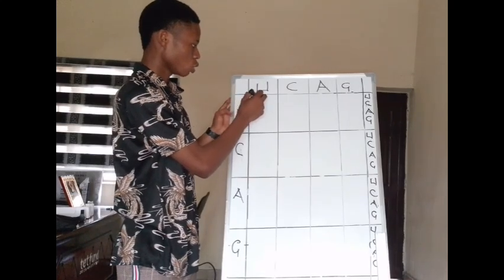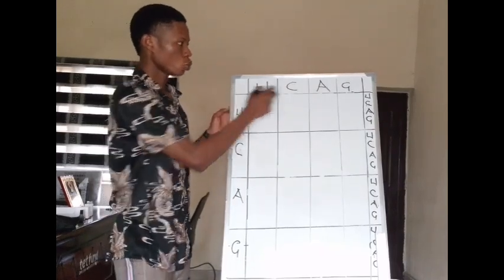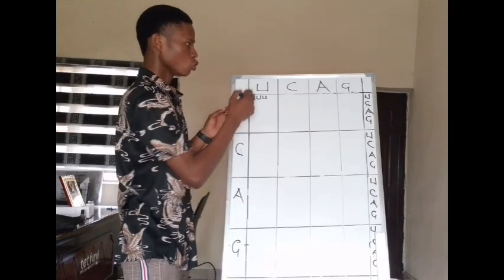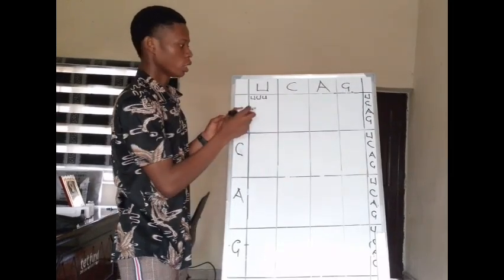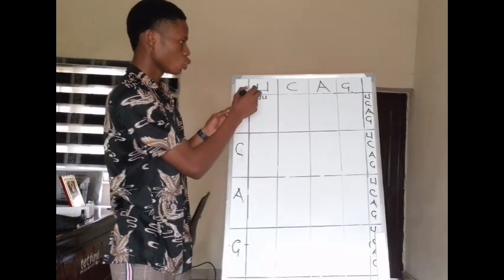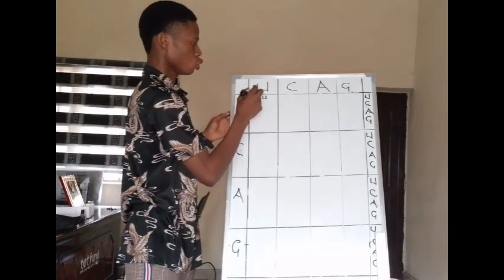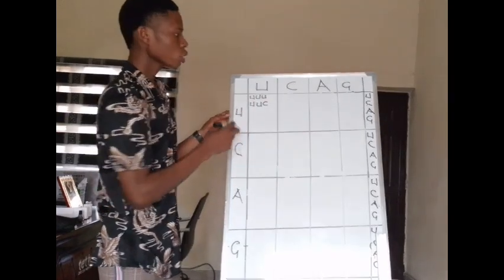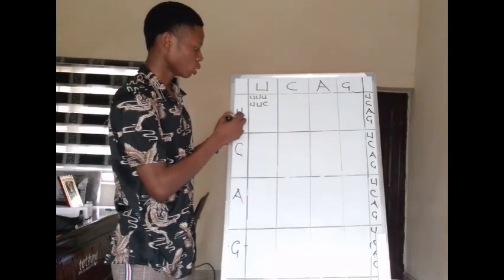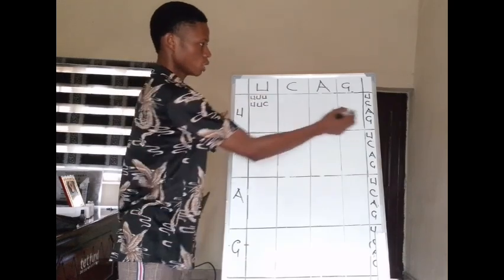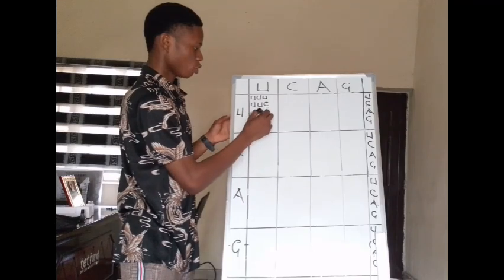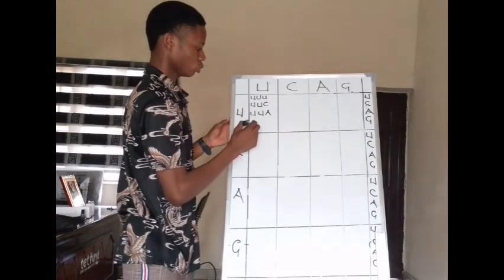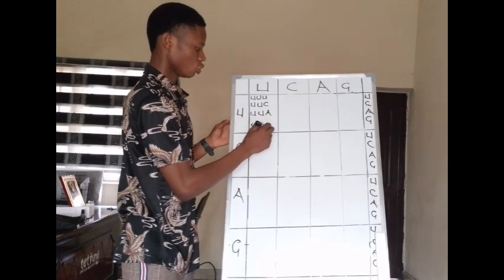So here is this U, and here, this U. Then to get the next one in this box, we have UC. To get the next one, can you guess what's the next one? This U and this A, so we have UA. Then the last one, UUG. Good.